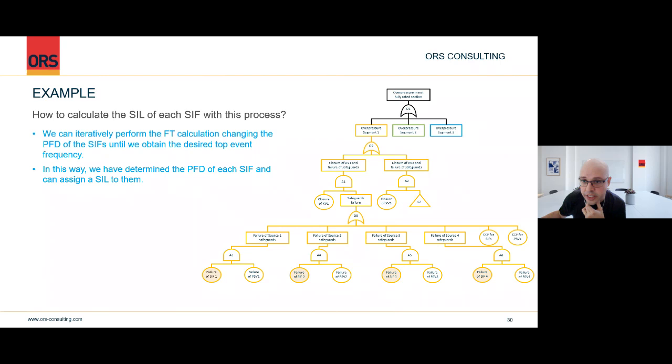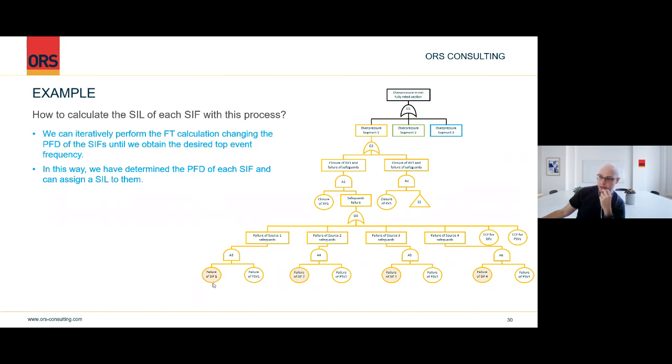Yeah, someone asks if SIL verification is necessary after SIL determination? Yeah, well, depends. If you find that these safety instrumented functions have a SIL requirement, right? You need a SIL 1 or more to get to that acceptable risk level, then yes, you need to do SIL verification.